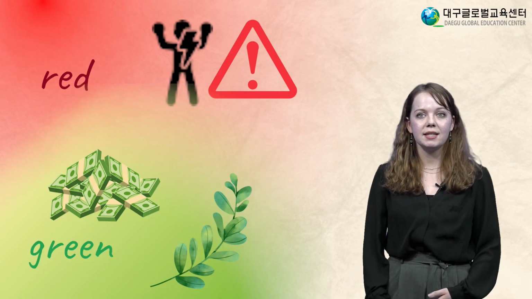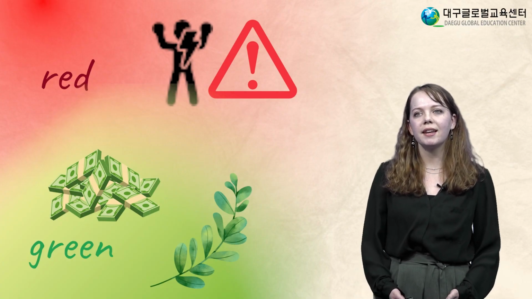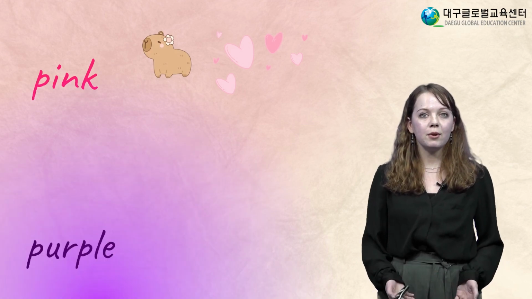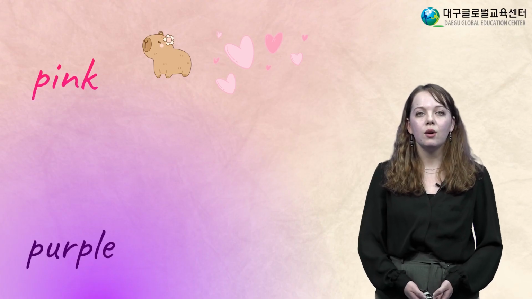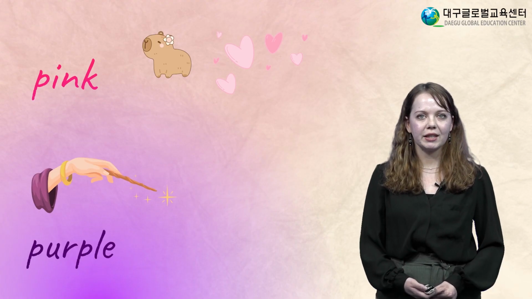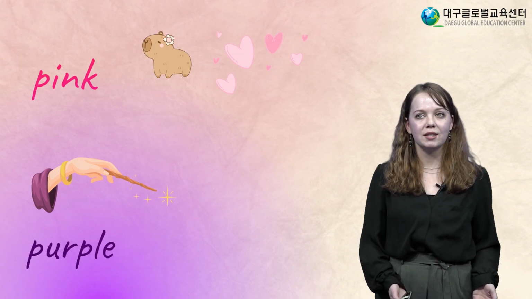Characters like fairies can wear green, or characters who really love money. Pink means love. Cute characters and people in love wear pink. Purple can just be pretty, or it can mean magic. Magical characters, like witches or wizards, can wear purple.